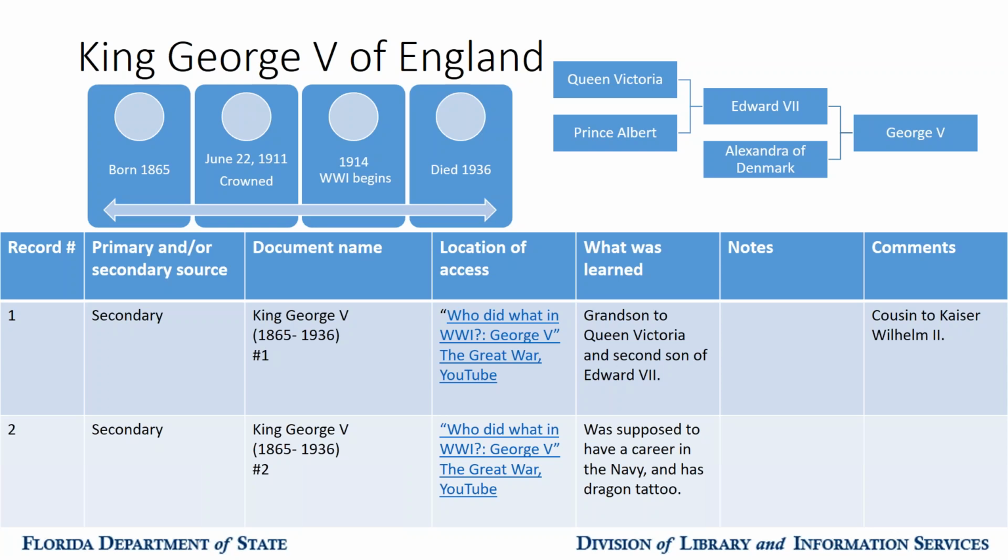But when we get into the documentary, we start to learn quite a bit more about King George V. More specifically, he is the grandson of Queen Victoria, but he's not the first son of his father. And if you know about monarchies, it goes to the firstborn. So we get to find out that there's more to the story as to King George V getting to the throne than meets the eye.